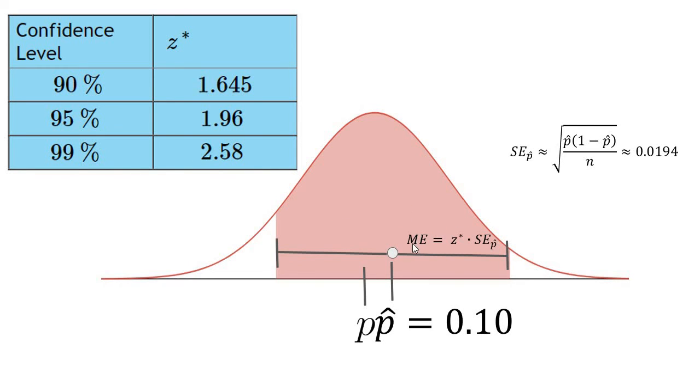That means that when we're calculating the margin of error, we're going to go 1.645 standard errors above and below the mean. So the margin of error is this many times the standard error.